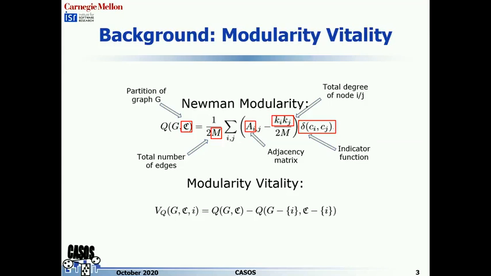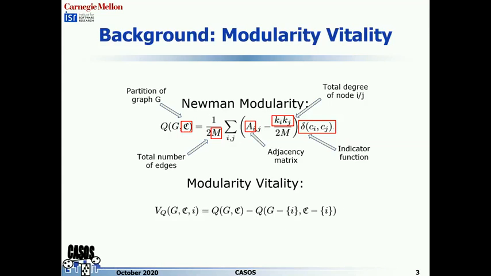So we take the Newman modularity and ask, what would happen if we remove a node, let's say i? In a way, we check how impactful node i is to the original network, the original graph G. We do that by saying the modularity vitality V sub Q of the graph G given node i is the Newman modularity minus the Newman modularity of that graph with node i removed.